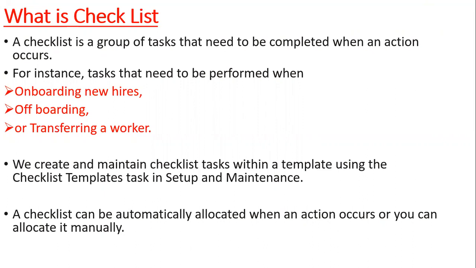For example, whenever we hire a new employee, onboarding the new hires and offboarding or transferring any worker, or if you try to apply for an absence leave. So we have different scenarios, and different actions will be performed.